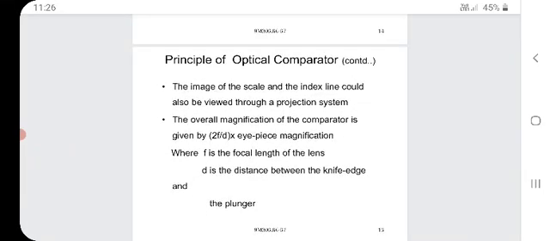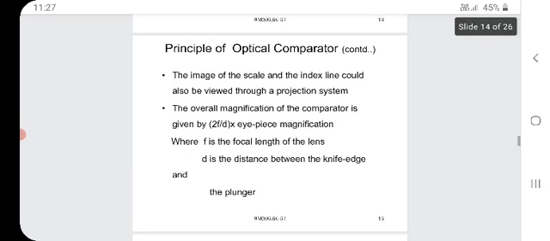The image of the scale and the index line could also be viewed through a projection system. The overall magnification of the comparator is given by 2f by d times eyepiece magnification, where f is the focal length of the lens, d is the distance between the knife edge and the plunger.